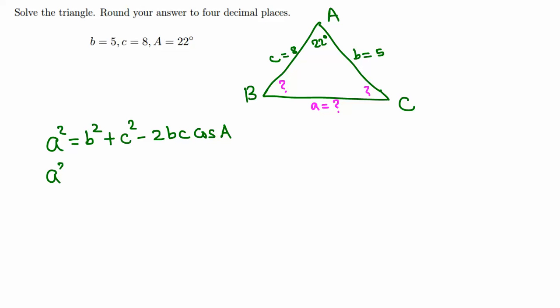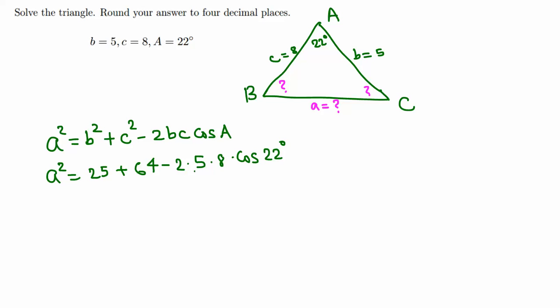So a squared equals b squared, 5 squared, 25, plus c squared, 8 squared, that means 64, minus 2 times b is 5 times c is 8 and cosine 22 degrees.